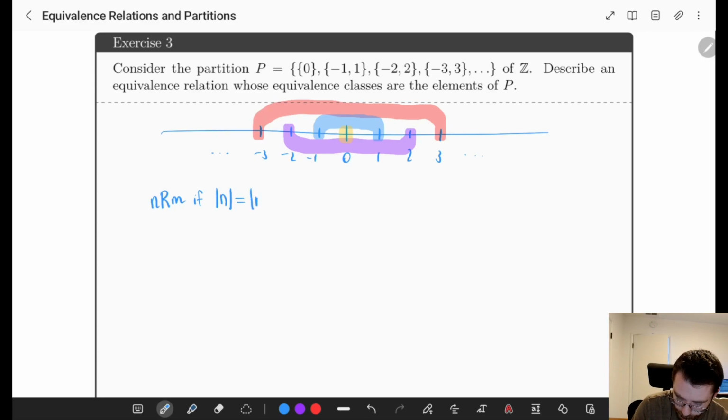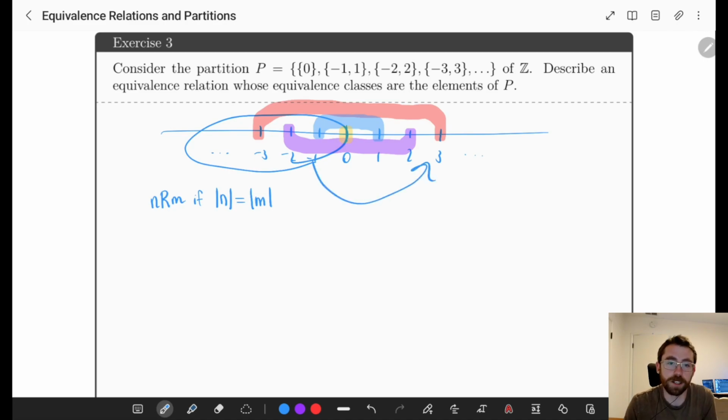Absolute value is sort of like taking the negative half of this number line and folding it over onto the positive part. And the great thing is, absolute value of 1 is still 1. Absolute value of -1 is the absolute value of -1, right?